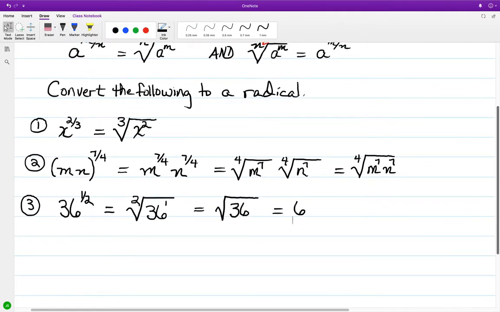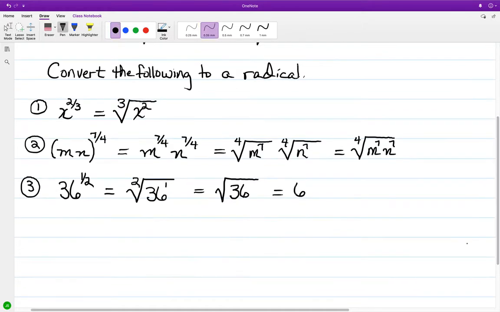Now, let's say we cross over to what will be referred to as simplifying radicals, and let's start off with the family of perfect squares.